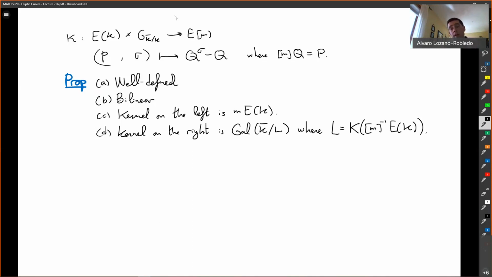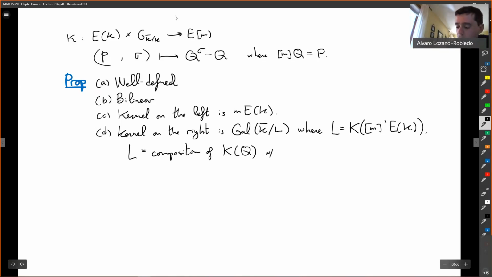Take any element P of E(K), take a preimage through multiplication by M, so a Q such that M times Q equals P, then the field of definition of that Q is in L. And L is going to be the field of definition of all the preimages of E(K) under multiplication by M. So L is the compositum of K adjoin Q, with Q any point such that M times Q is in E(K).